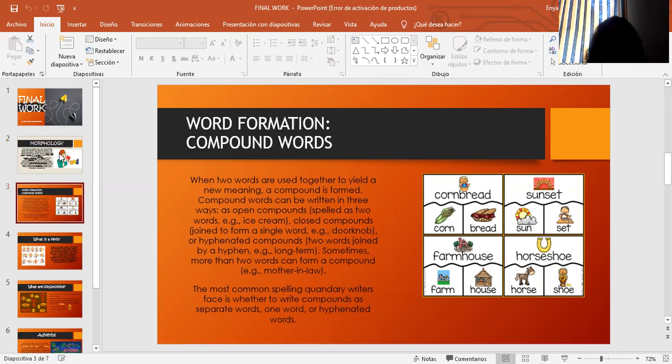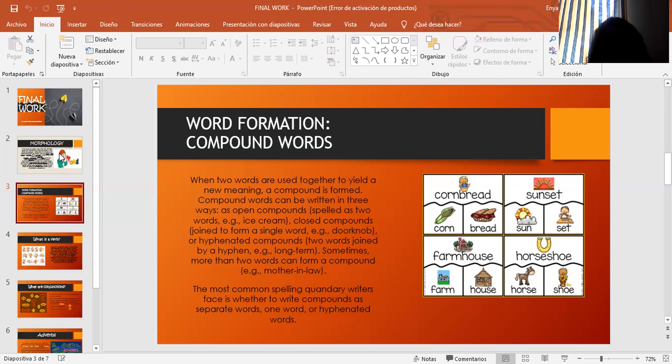Compound words can be written in three ways: as open compounds, spelled as two words, for example, ice cream; closed compounds, joined to form a single word, for example, darken up; or hyphenated compounds, two words joined by a hyphen, for example, long-term. Sometimes more than two words can form a compound, for example, mother-in-law, sister-in-law, etc.